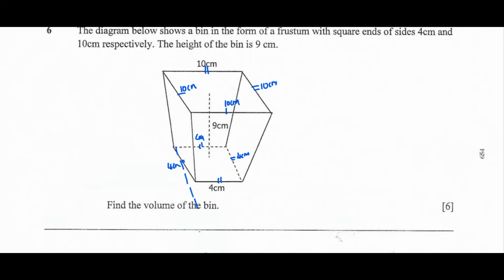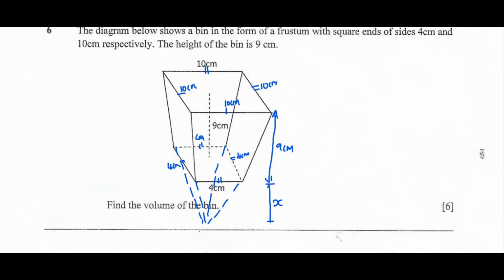We'll first begin by extending these lines so that we can make our frustum into the pyramid. So now we can see that the height of this frustum is 9 centimeters. Then the height of the part that we've added, we'll just say x centimeters.